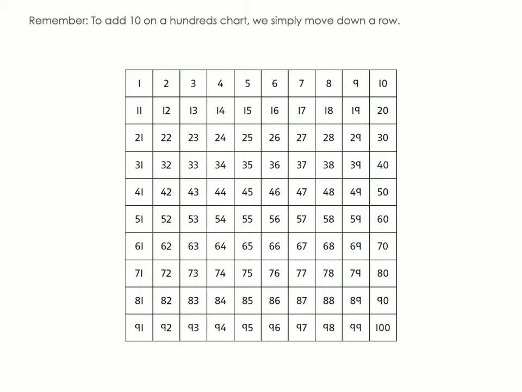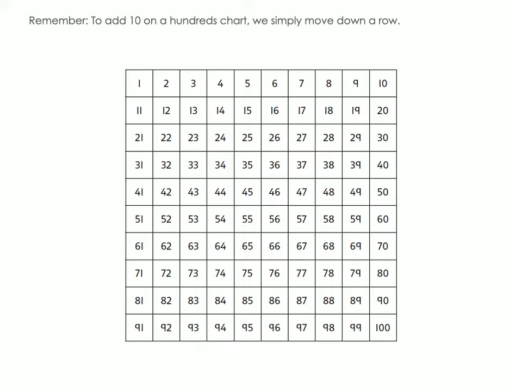So here is a 100 chart, and if we are going to be counting on a 100 chart by 10s, what would we say? 10, 20, 30, 40, 50, 60, 70, 80, 90, 100.